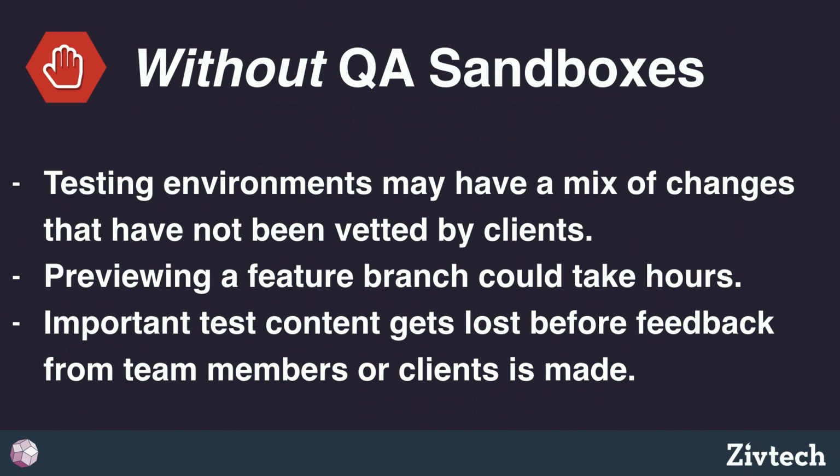It's also one of the biggest problems is important test content gets lost before feedback from team members or clients is actually made. I don't know how many of you may have set up some sort of a staging site for a demo, or just on the dev site that you guys use as a team, and then somebody else comes in that morning and accidentally wipes the database and pulls down the fresh prod database, and there goes your demo content.